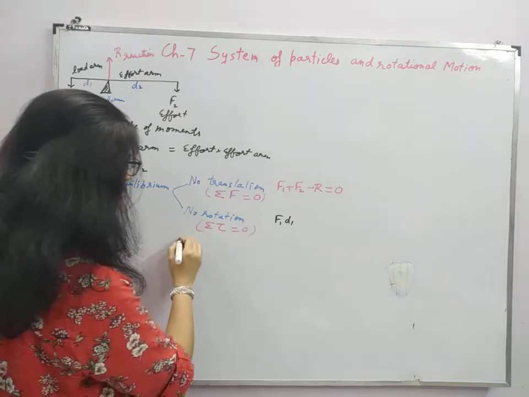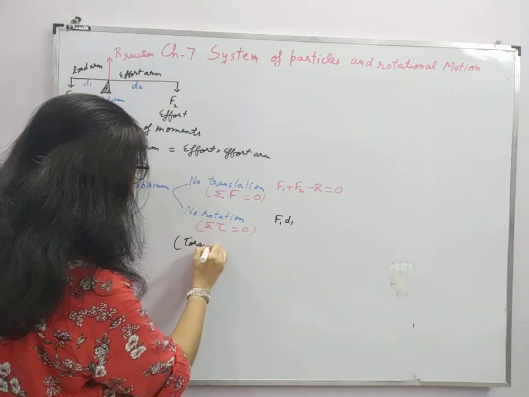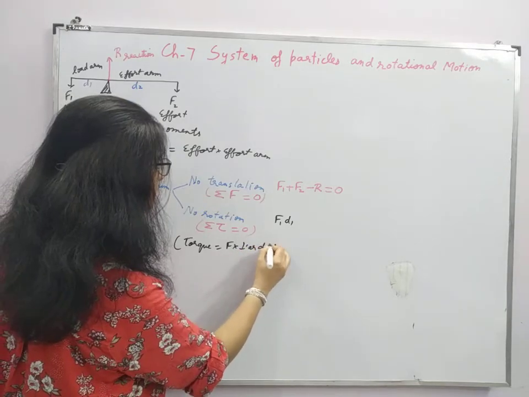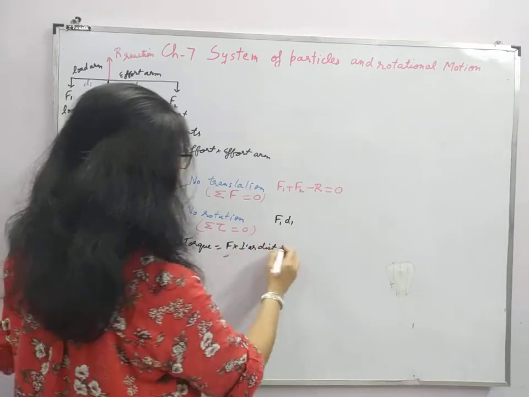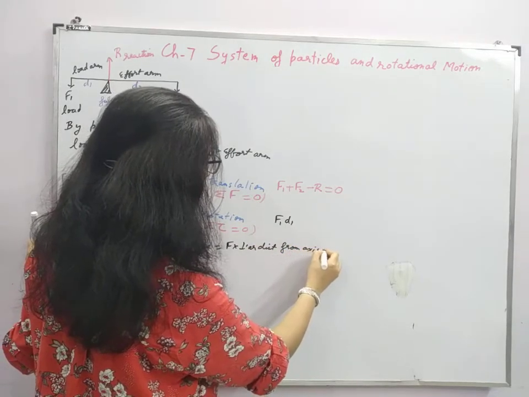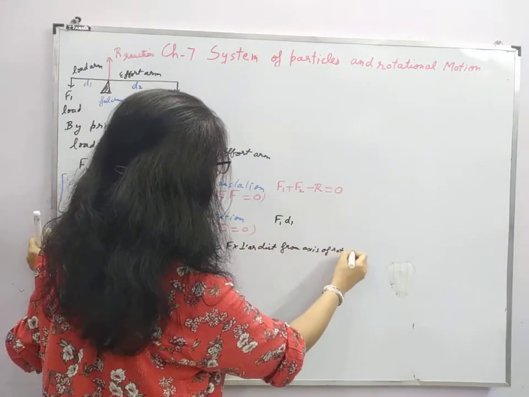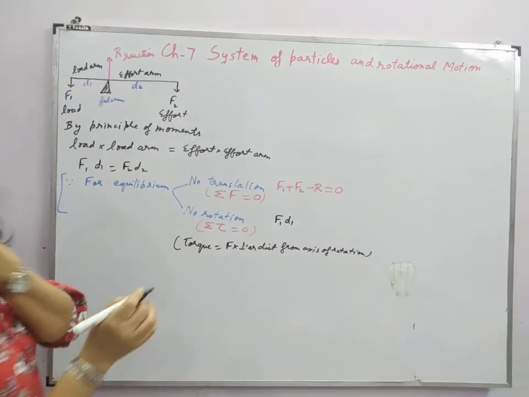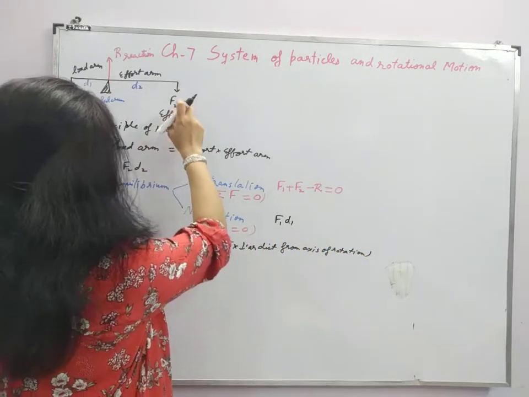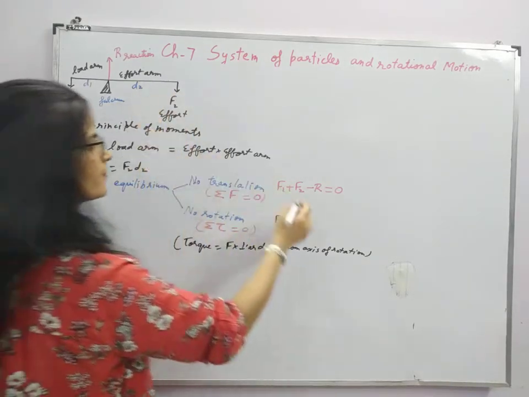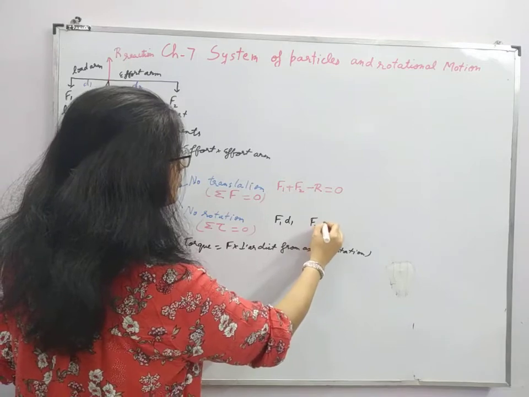This is the formula for torque: torque is equal to force into perpendicular distance from the axis of rotation. Right? So F1 into D1, and the moment of the other force, that is the torque due to this force, will be F2 into D2.